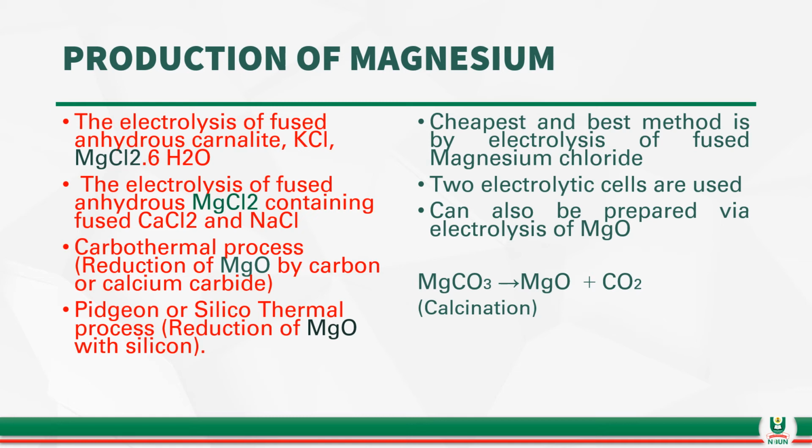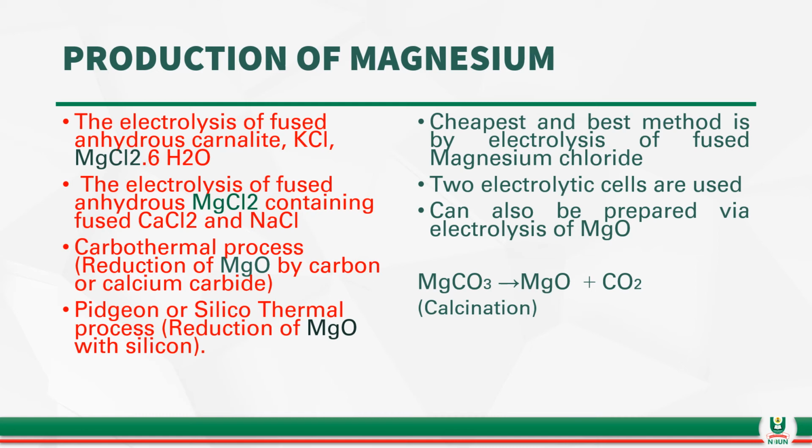In summary, the process for the manufacture of magnesium by the electrolysis of fused magnesium chloride is in two stages. The first stage is the production of pure magnesium chloride from seawater or brine, and the second is the electrolysis of the fused magnesium chloride obtained from seawater or brine.